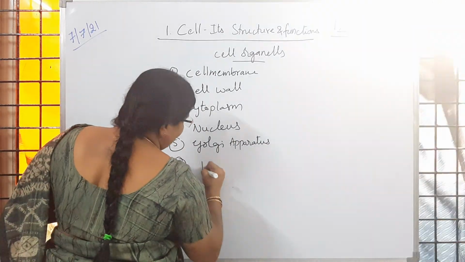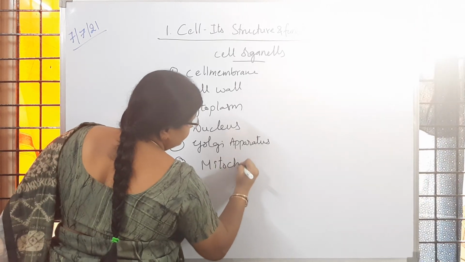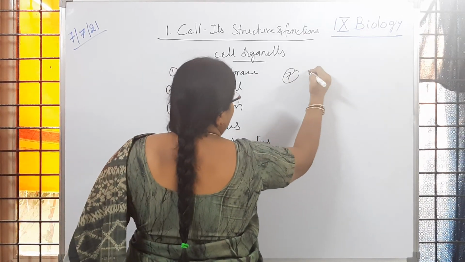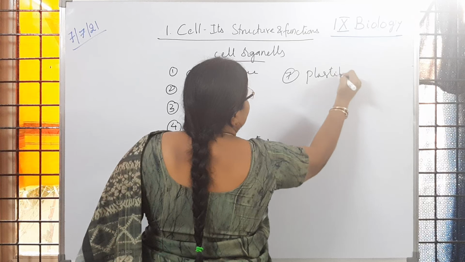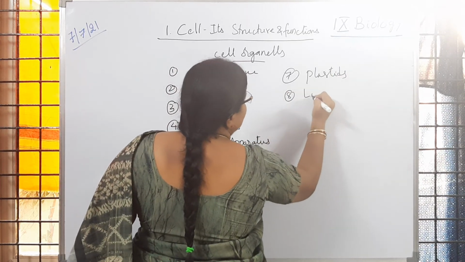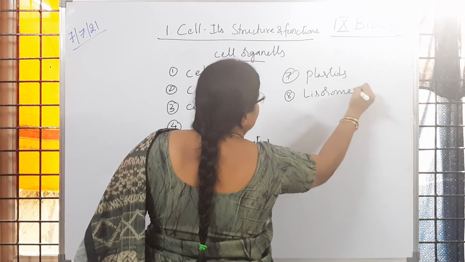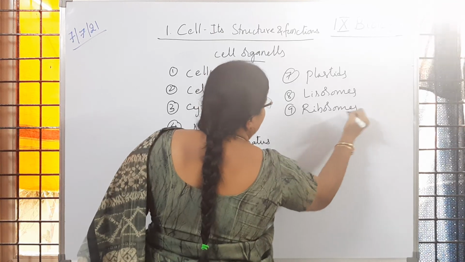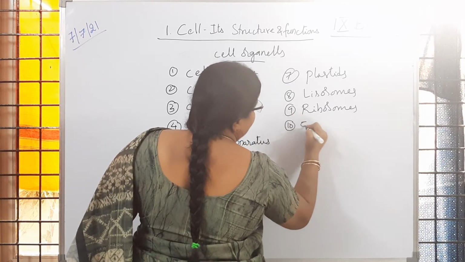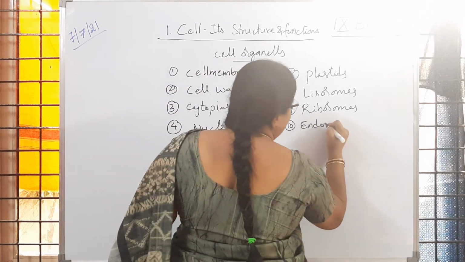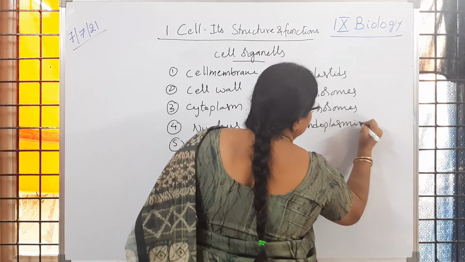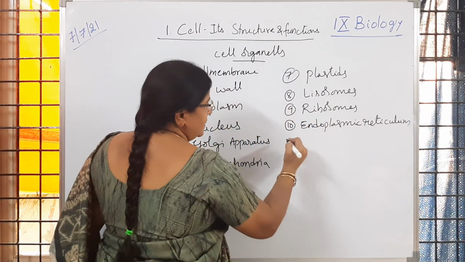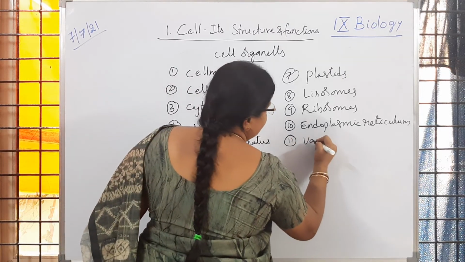Then mitochondria. Plastids. Lysosomes. Ribosomes. Endoplasmic reticulum. Then vacuoles.